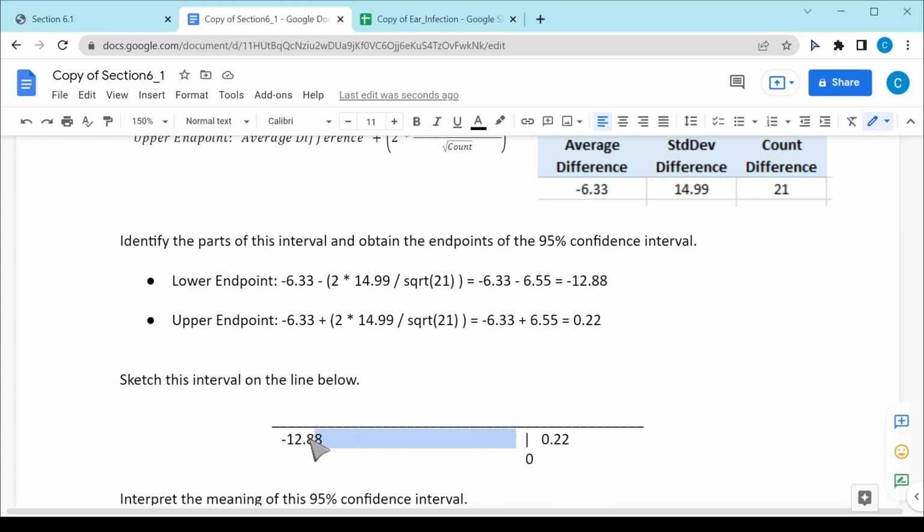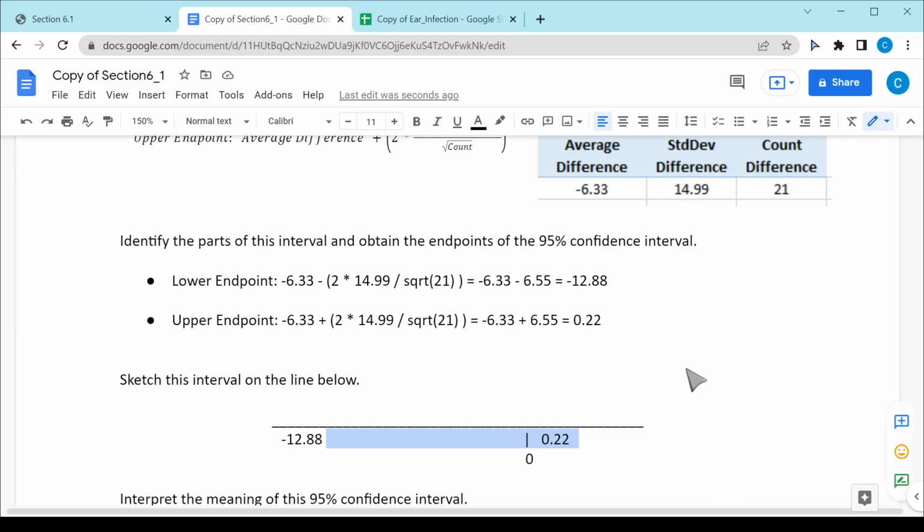So it looks like for most of the interval, breastfed is doing better. But for a little bit, it's not. So because this interval actually goes through 0, I cannot say that a difference exists.